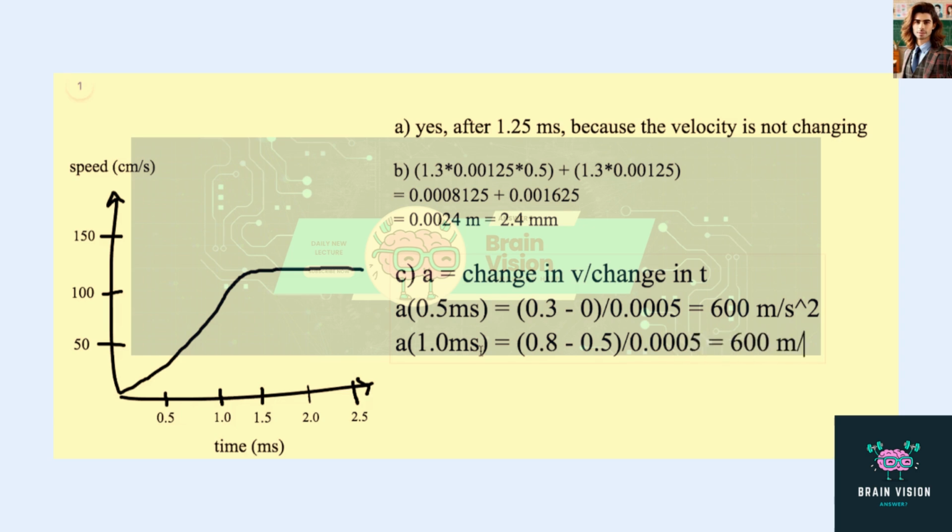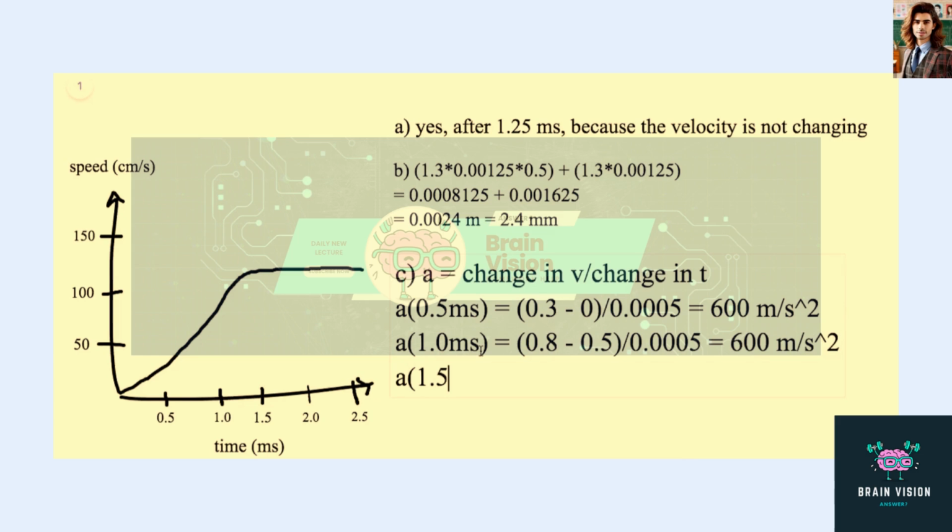Again, gives us an answer of 600 meters per second squared. Now it looks like 1 millisecond might be a little bit steeper in its acceleration, so a little bit greater acceleration, but they're approximately equal.